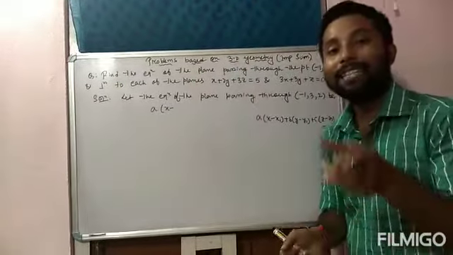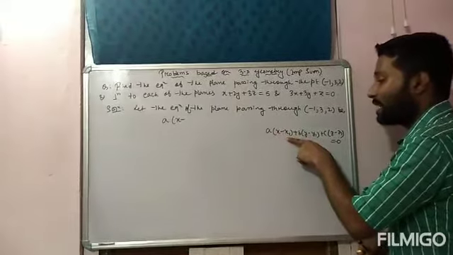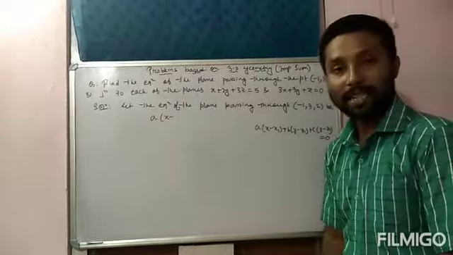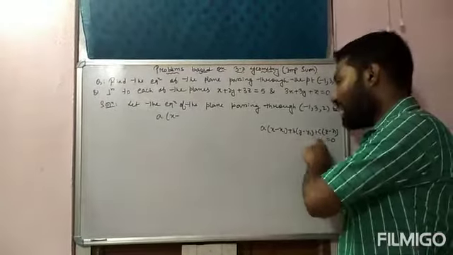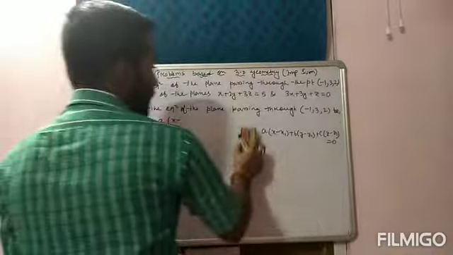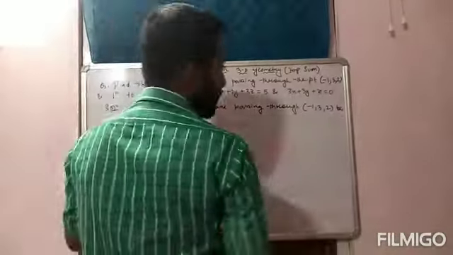Equation of a plane passing through a point x1, y1, z1 is a into x minus x1 plus b into y minus y1 plus c into z minus z1, where a, b, c are the direction ratios of the plane. So here also the plane is passing through a point whose coordinates are -1, 3, 2.